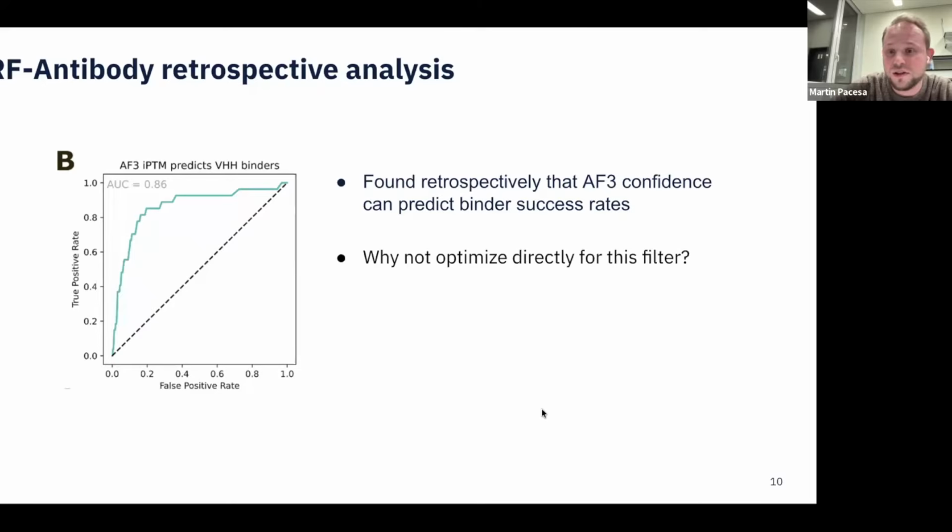That was actually before MPNN became very popular, and we met with Eustace early on to train a soluble version because the vanilla one was just redesigning everything back as a membrane protein. But anyways, we found out that the hallucinated sequences most of the time were either not soluble or not even expressible for whatever reason. Because if you look at the structures and sequences, they look pretty normal, but for whatever reason they just didn't work.